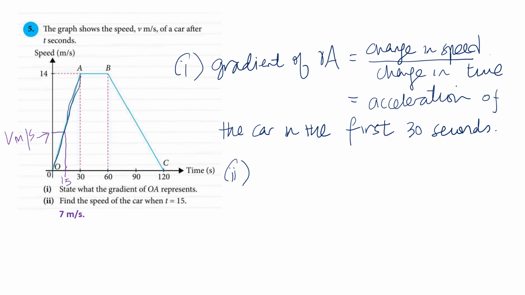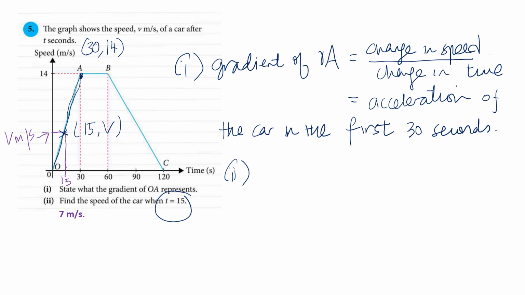In other words, I'm going to indicate this point here, where the x coordinate is 15, because we are asked to find when t is 15. The y coordinate we do not know, let it be b. Then there's another point here, where the x coordinate is 30 and the y coordinate is 14.